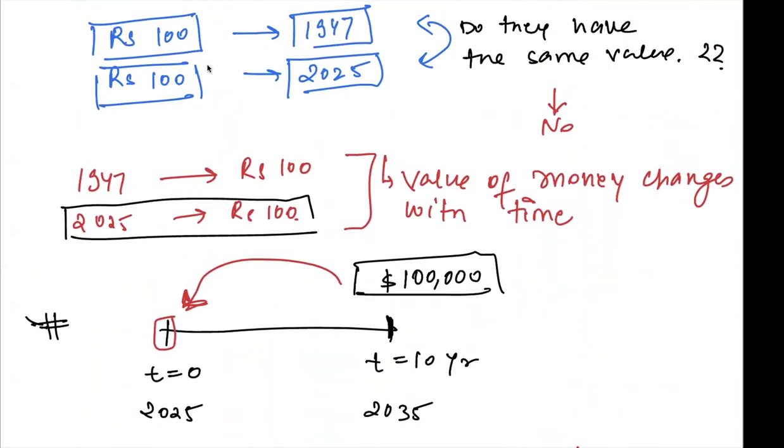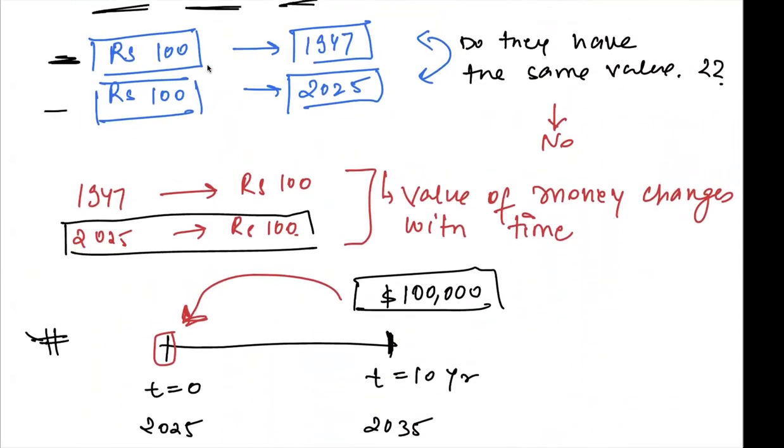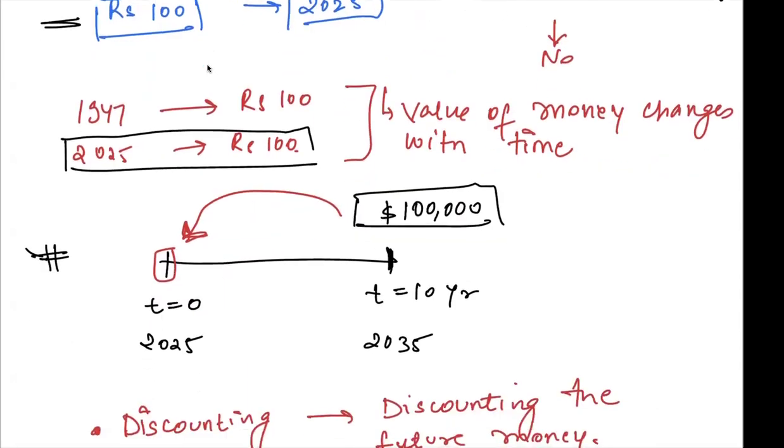Because we know that the value of money does not stay the same over the years. So what we are really interested in is the value of money today if we are receiving some cash flows after 10 years.